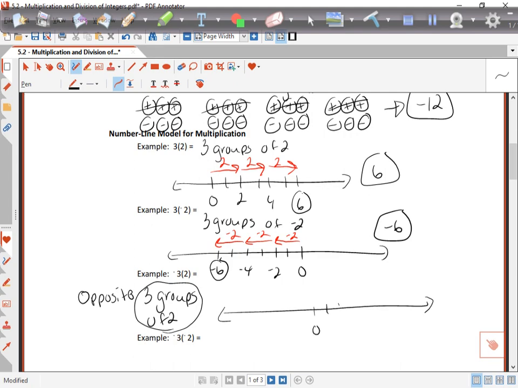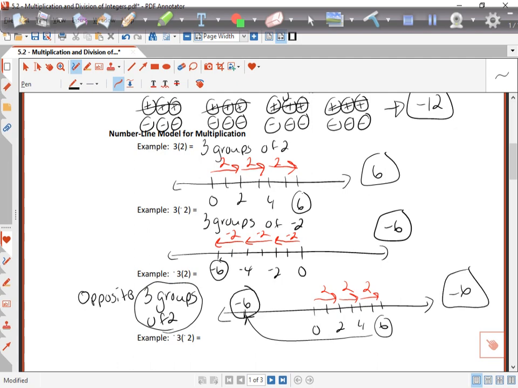So you start with your 3 groups of 2. Show your arrows with the labels on the top. And then you take the opposite, the additive inverse, which is negative 6, so my answer is negative 6.